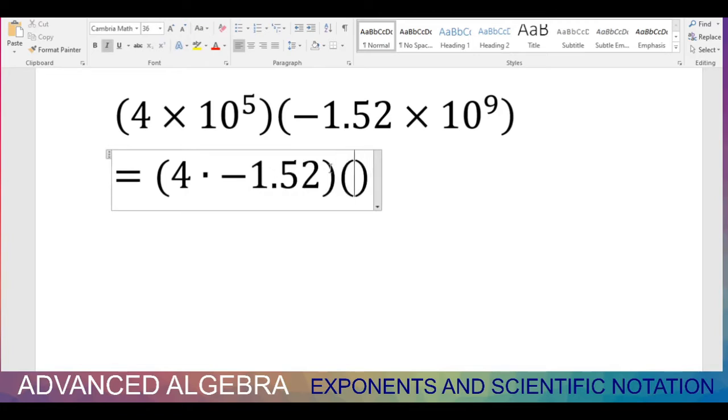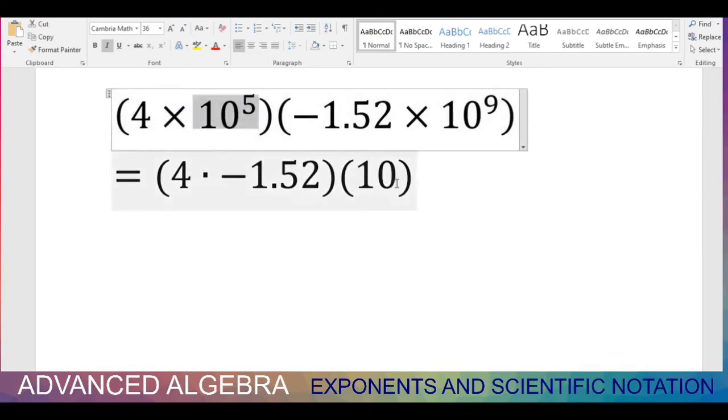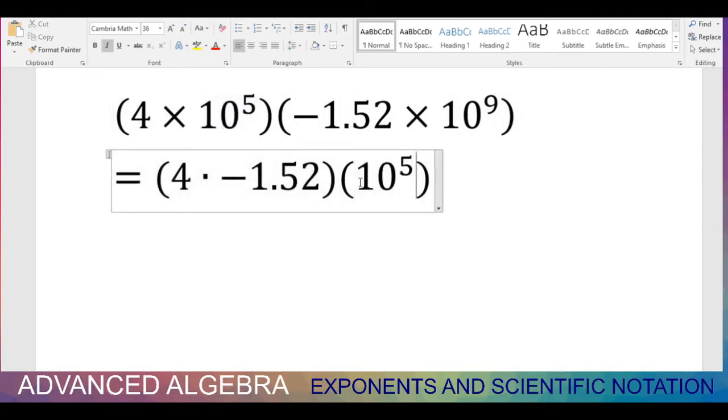Tapos, multiply lang natin sa exponent dun sa 10 natin. So, 10 to the 5th power, ilagay na natin 5 plus 9 pala, rather.